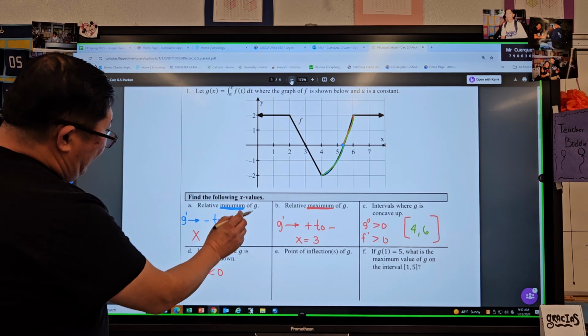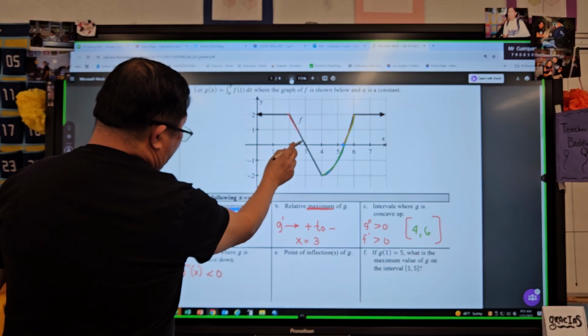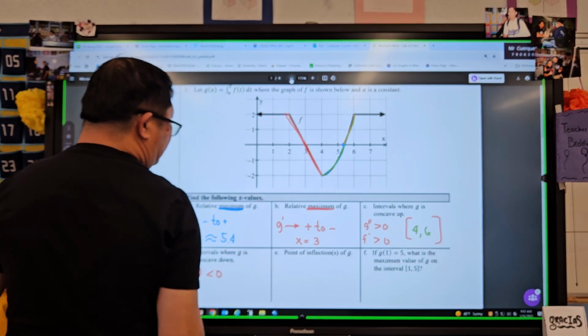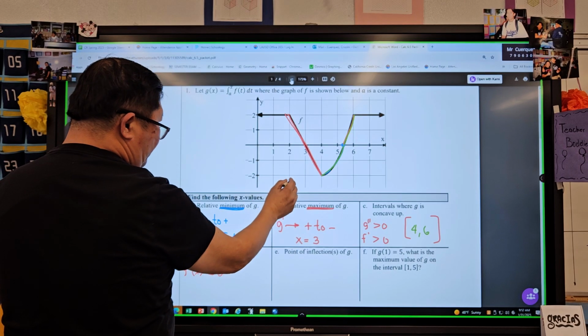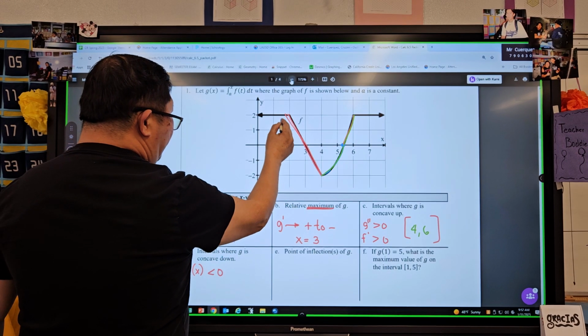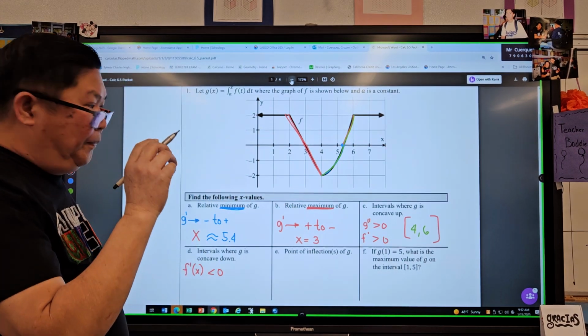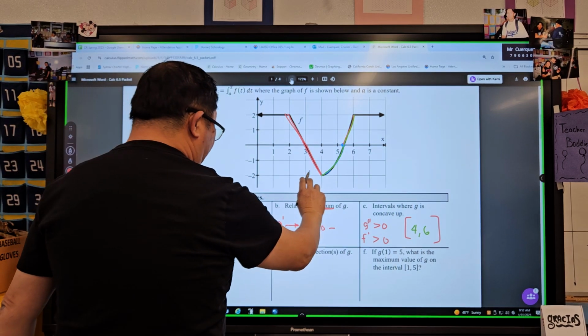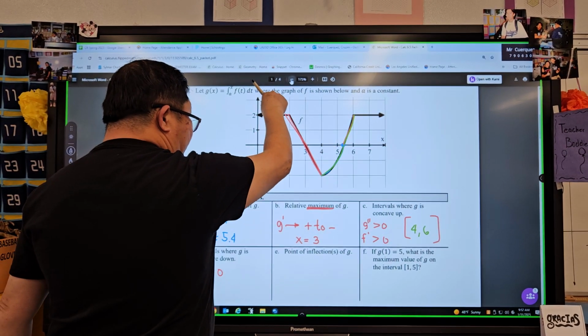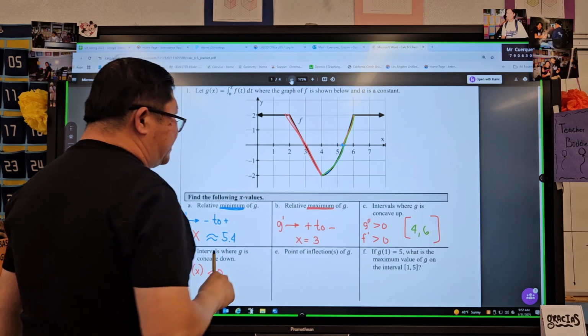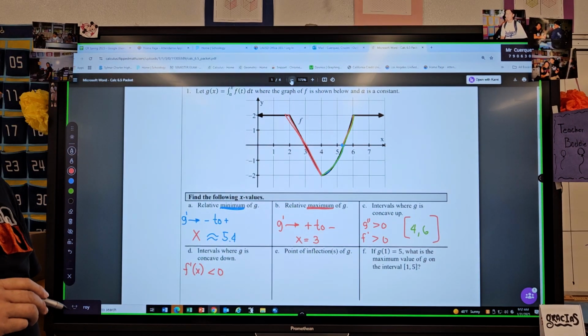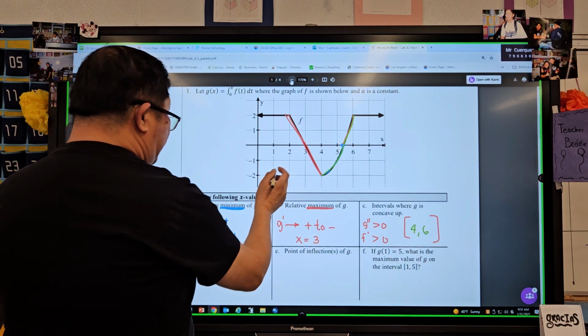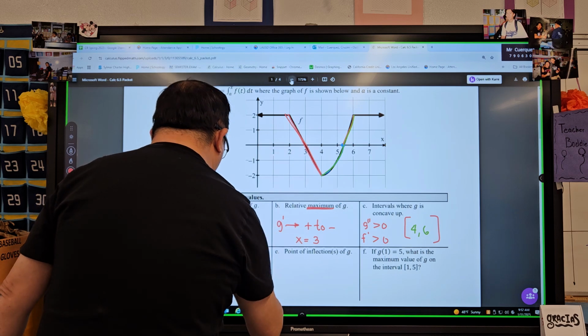Technically if you count 1, 2, 3, 4 up, but since this is decreasing, it's going to be negative. So the interval is from 2 to 4.